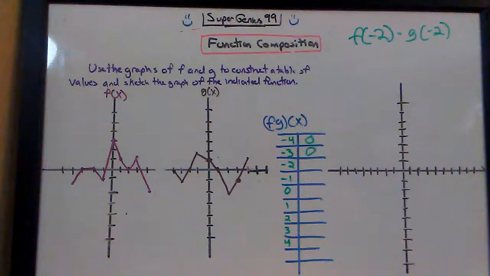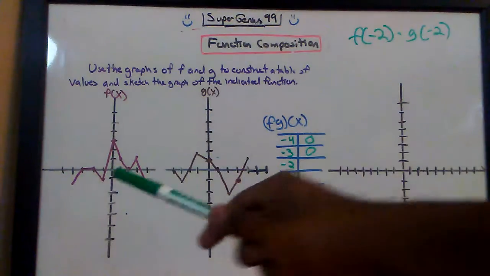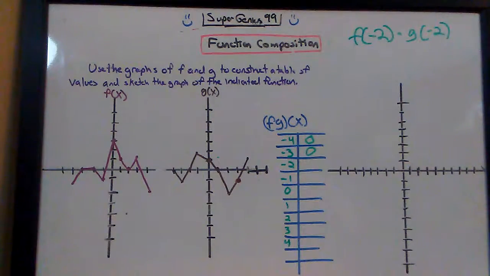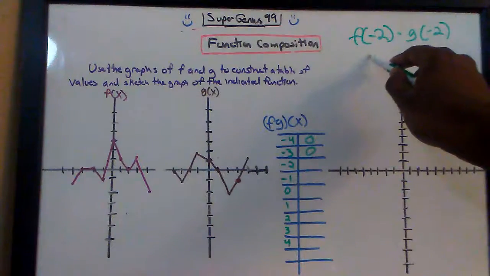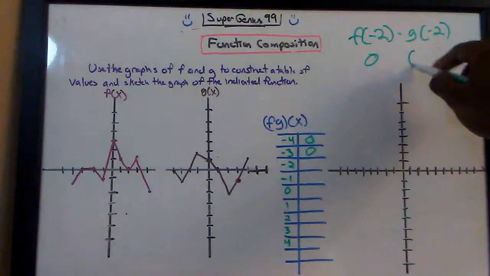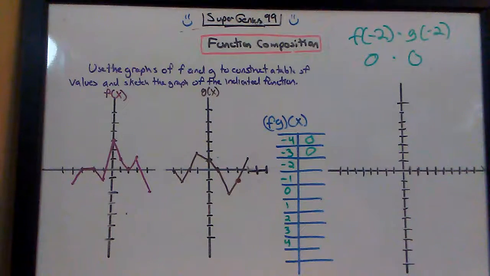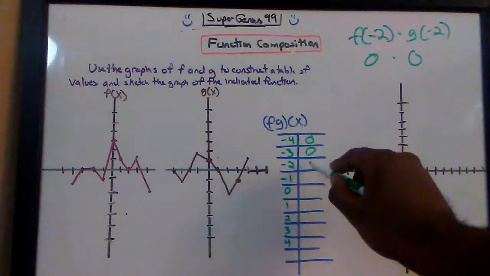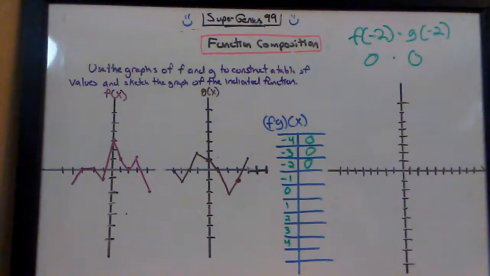So when x is -2 in the f function, what is the corresponding y? When x is -2 in the f function, y is 0. When x is -2 in the g function, what is y? When x is -2 in the g function, y is 0. What is 0 times 0? 0. Okay.